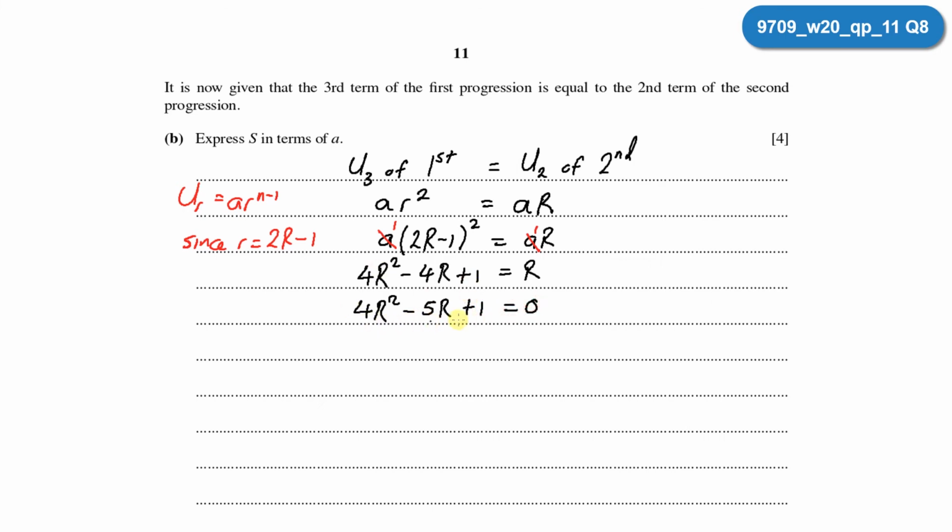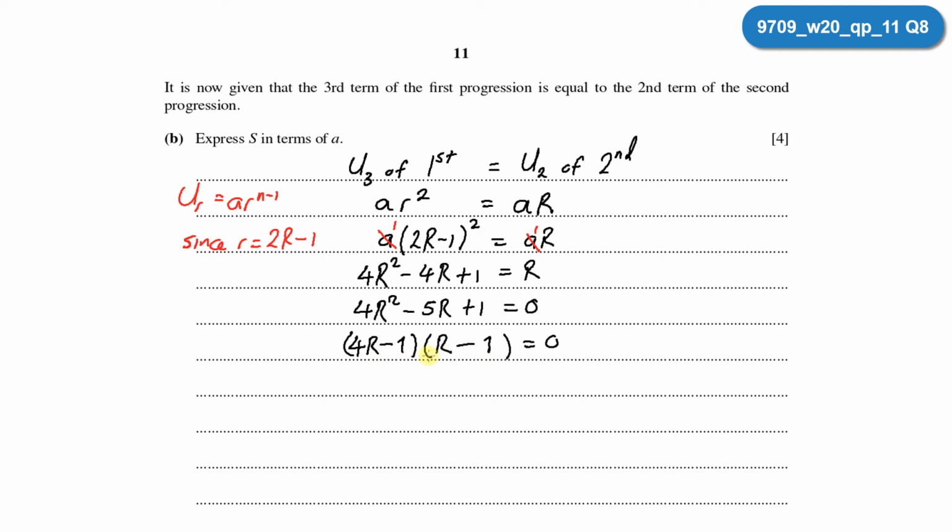Now we have this quadratic equation, so I can factorize. 4R squared, I'm going to split into 4R and R. And factors of 1, I'll put a 1 here and a 1 here. In order for us to get minus 5R, after multiplying and adding, I should have a minus here and a minus here.